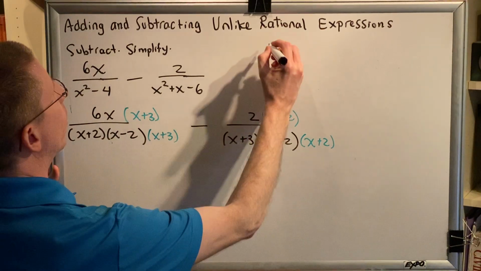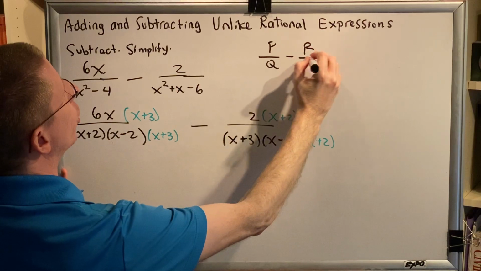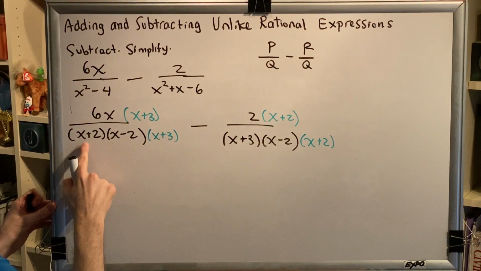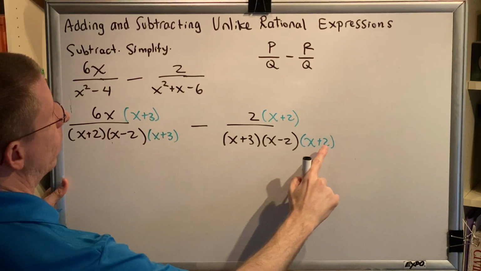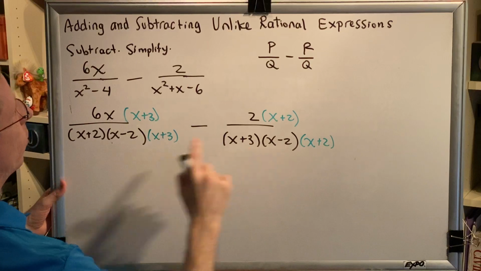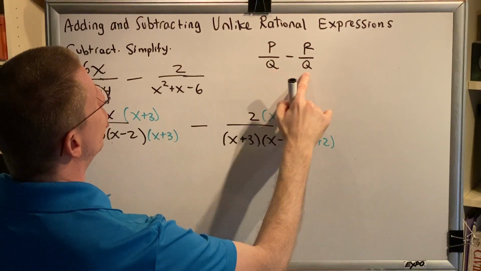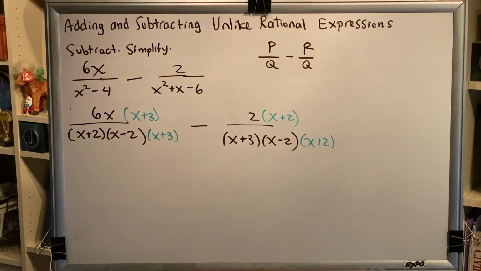This is kind of like the p over q minus r over q that we discussed in a previous video, where q is an x plus 2, an x minus 2, and an x plus 3. So when we combine two rational expressions of this type, we're going to keep the common denominator.